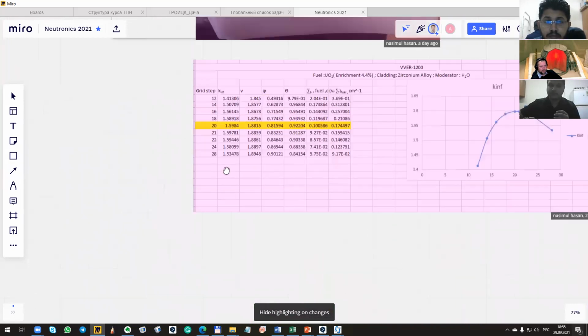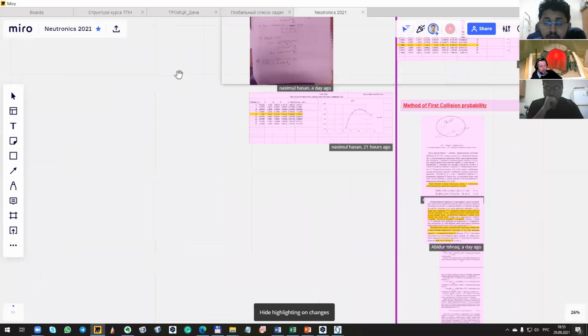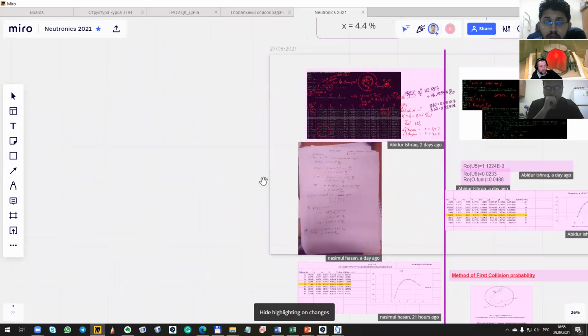I understand that there is an optimum, but if you get an optimum radius of 5.654.5, it means that the core is a bit over moderated, so too much moderator, and that's not good. It's needed to check the values.